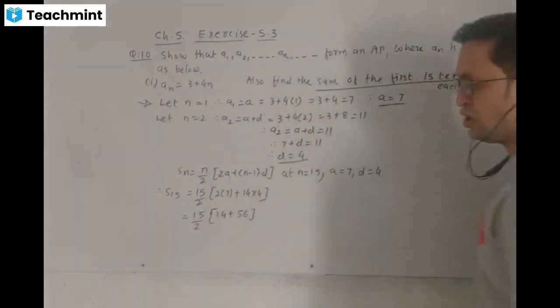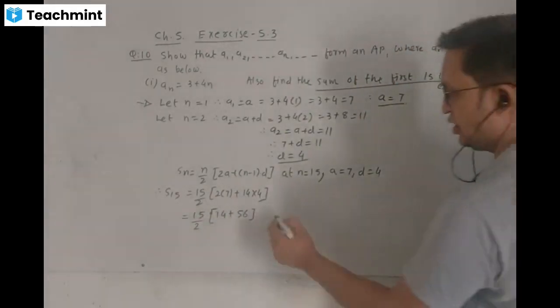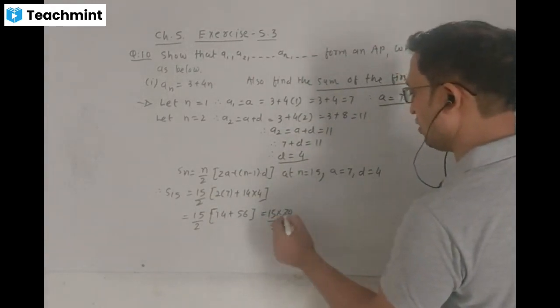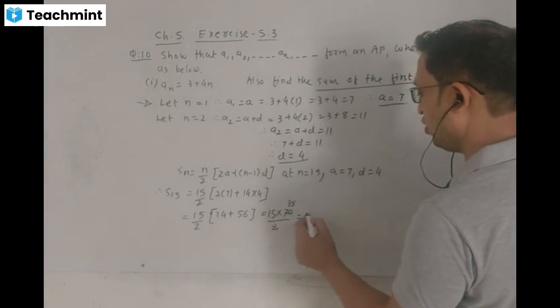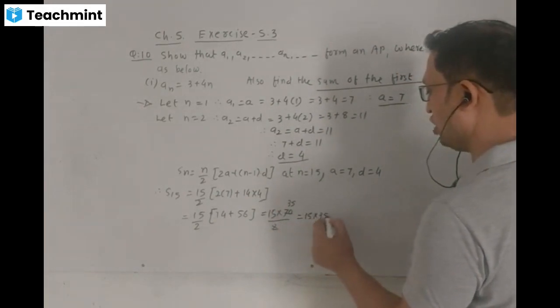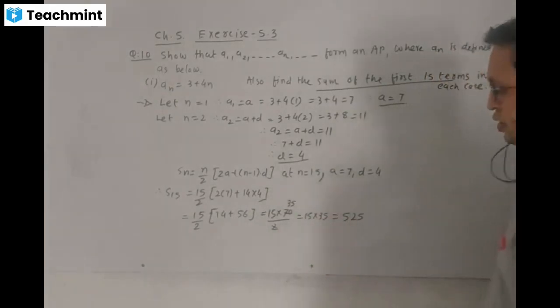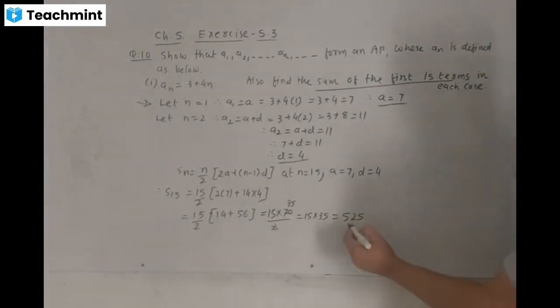Therefore, 14 plus 56, that is 70. 15 into 70 divided by 2, that is 35. And 15 into 35, that is equal to 525. 350 plus 175, that is equal to 525.